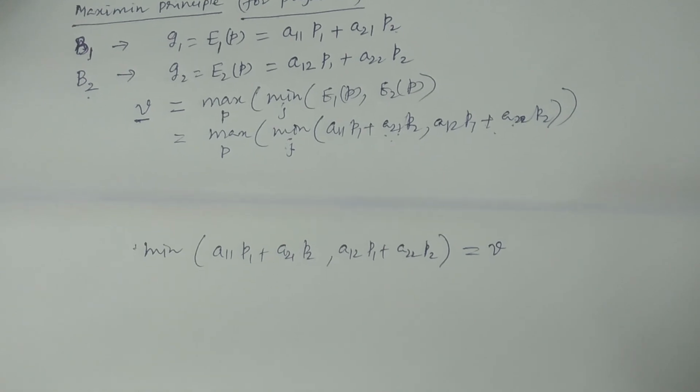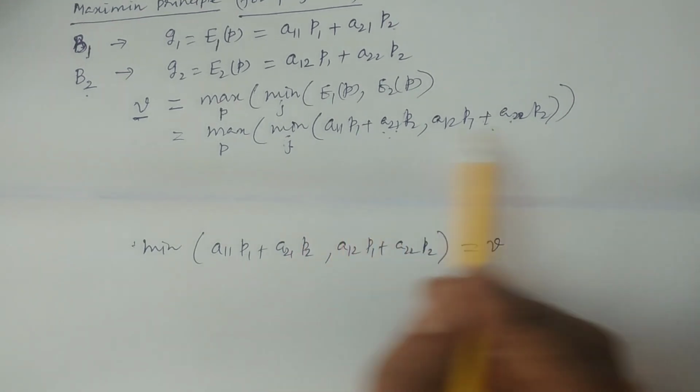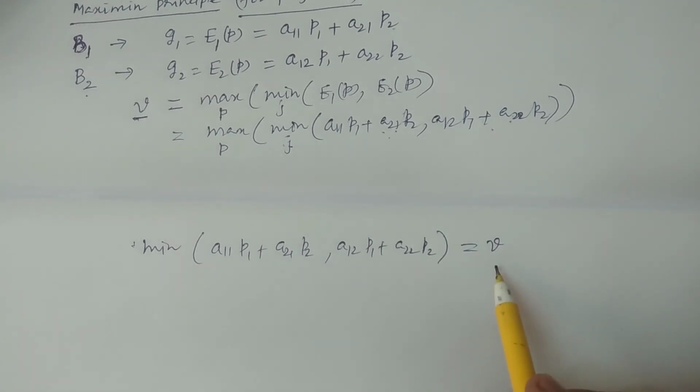Clear? So among the minimum values, one gives you the value of the game, because player B would always like to give the minimum expected gains. Among these values, the minimum will be the value of the game mu.